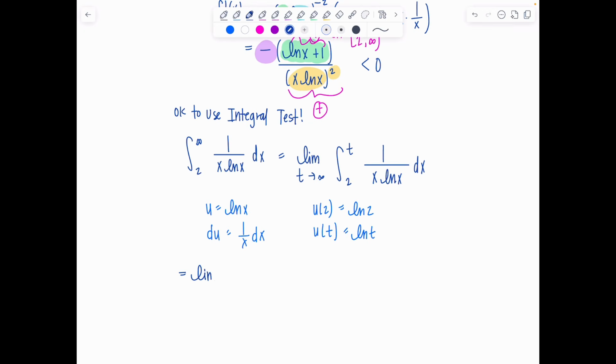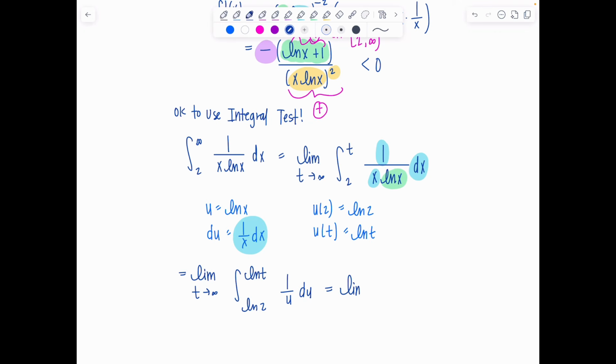So we have limit t goes to infinity, integral from ln of 2 to ln of t. This is u, and then 1 over x dx is my du. So we have 1 over u du. Perfect.